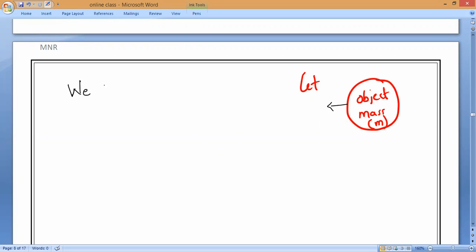Weight on earth is equal to, what is the formula? Mass of the body into acceleration due to gravity of earth.